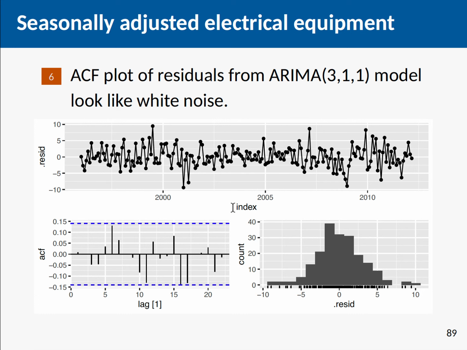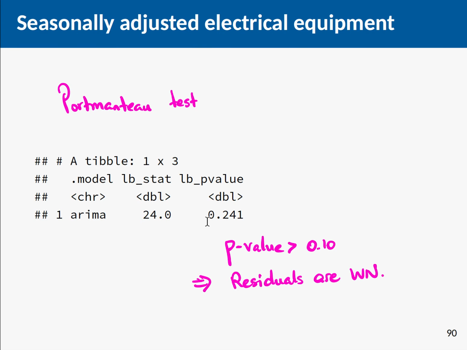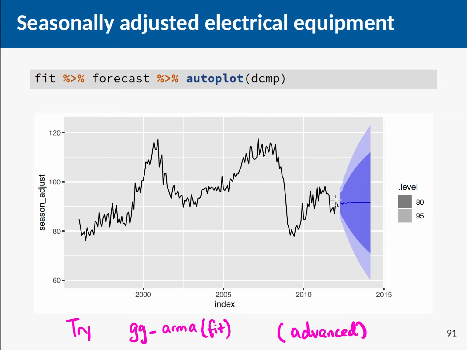They look like white noise, but we still can do a portmanteau test. The p-value is 0.24, which is greater than 0.1, so the residuals are white noise, so we're good to go. And then you can forecast your time series. You can even try a gg_arma fit, which is a little more advanced, and the book talks about it a little bit. So you can take a look at what happens.